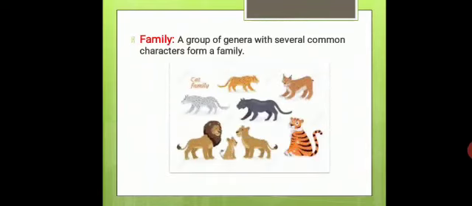And next, what is family? A group of genera with several common characters forms a family. For example, this picture shows the cat family, where leopard, tiger, cat, black cheetah, lion, all these come under a cat family called Felidae.